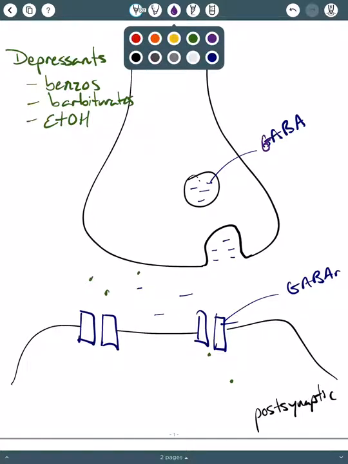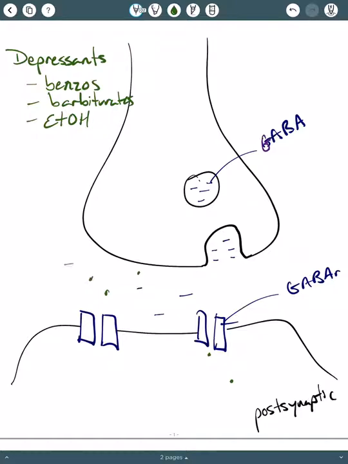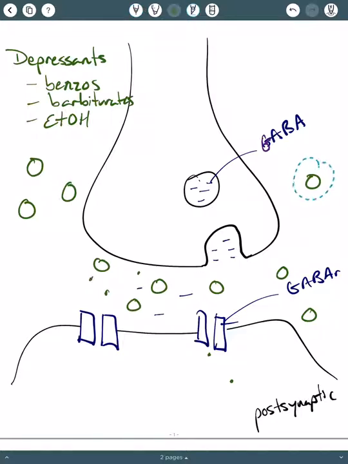When you take a depressant drug, right, these depressant drug molecules go everywhere in your bloodstream and they get in between all of your neurons. They're not going to do anything until they find something they like to stick to. And what depressant drug molecules like to stick to is GABA receptor.